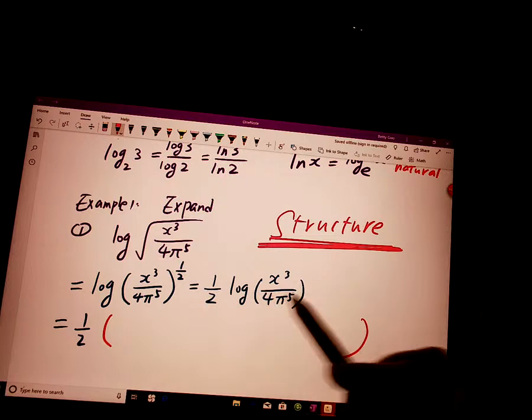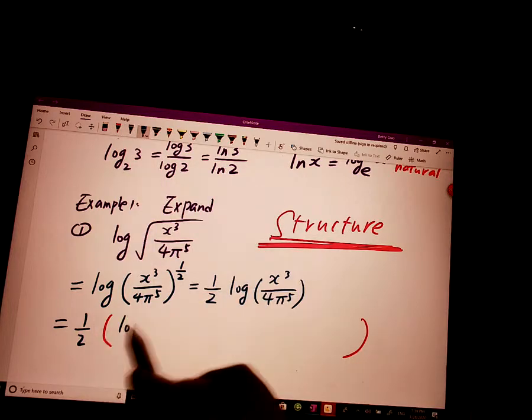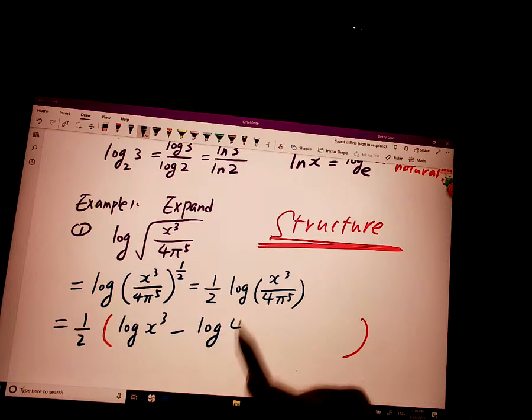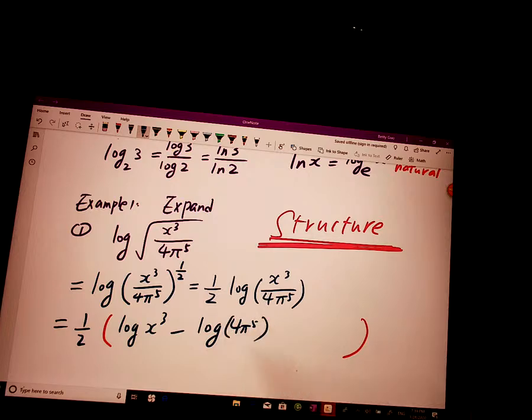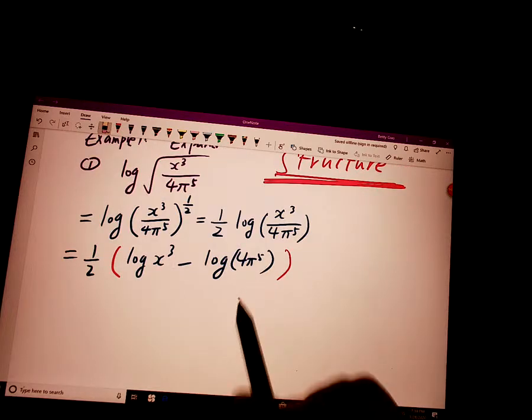The structure is a quotient, so we're going to apply the quotient rule here. Rewrite that as log x cubed minus log 4 pi to the fifth. Okay? So far so good? We apply the quotient rule here.